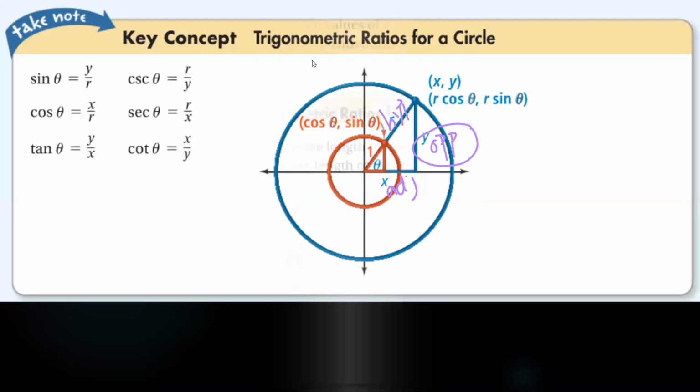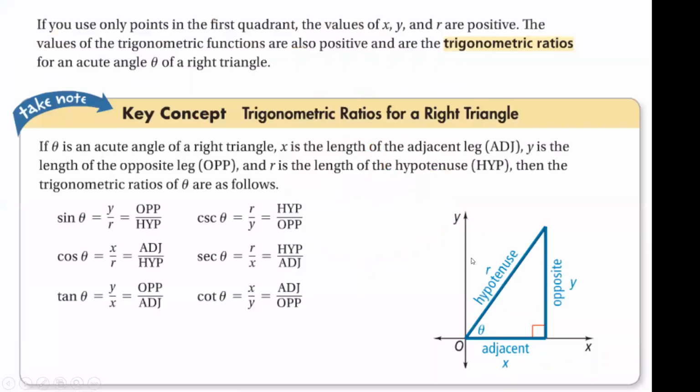From the triangle, as I told you before, if you have a triangle in the quadrant here, this is the hypotenuse, this is the adjacent, and this is the opposite. Now, how can we know where the opposite and the hypotenuse are? In a right triangle, the hypotenuse is the longest side.